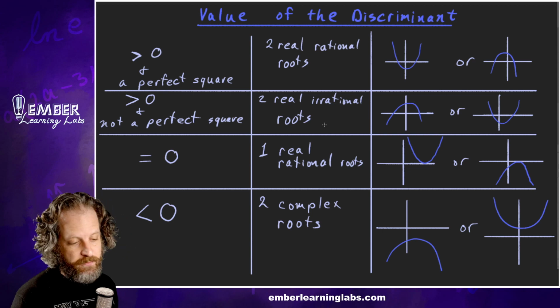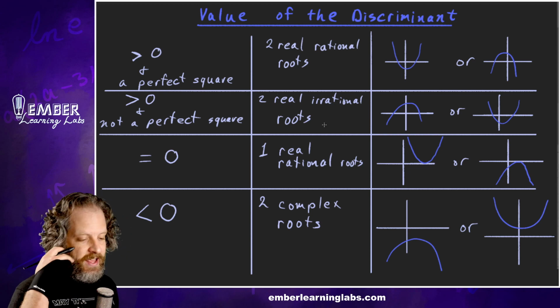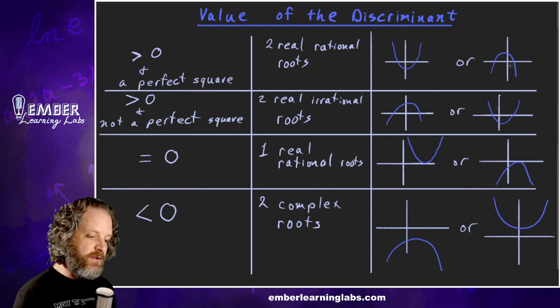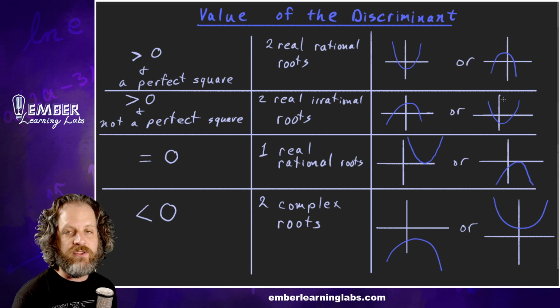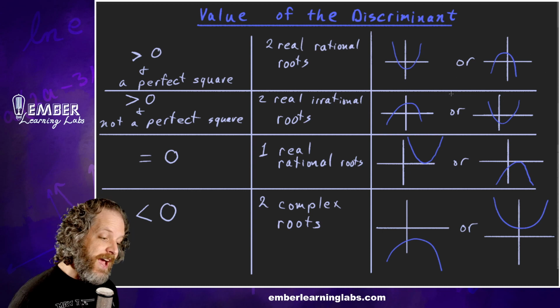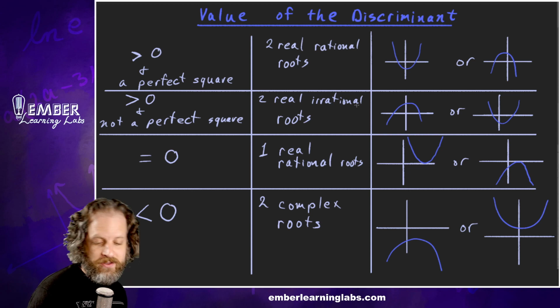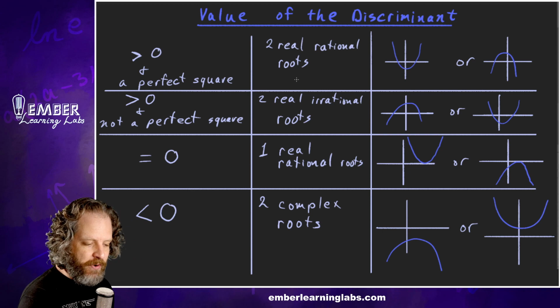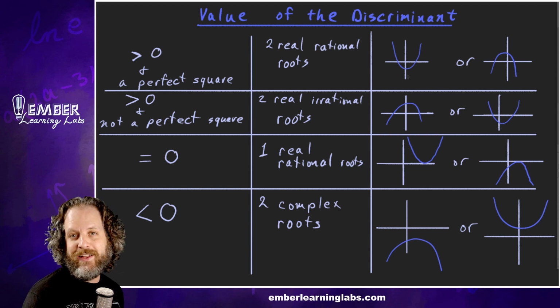And the graph, if you put f of x equals whatever, will look something like this. It'll cross the x-axis in 2 different places. It'll be one of these 2 types of things where it's opening up or opening down, but it crosses the x-axis twice. It's also worth noting that if it's this top one, then you could have factored it.